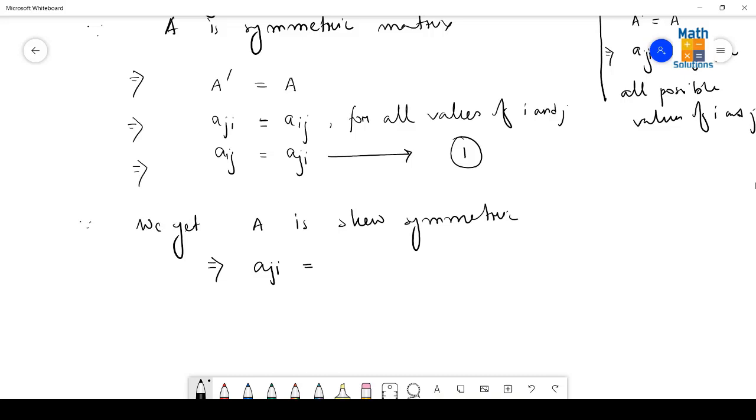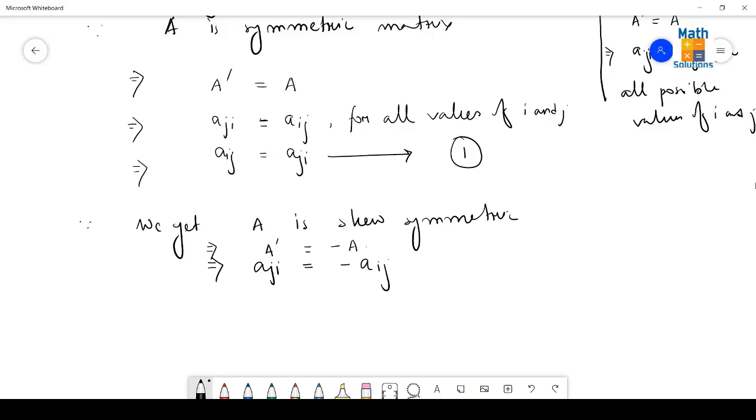Actually, before that I should write A dash is equal to minus A. This is the basic condition by which the skew symmetric property becomes clear.